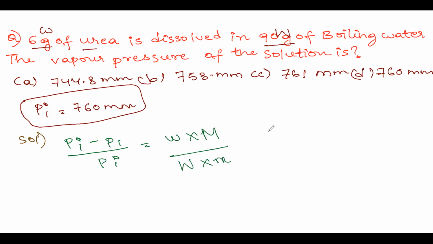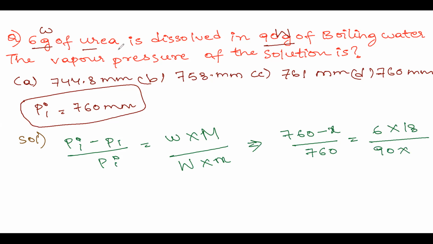Now substituting, P1 naught is 760, minus X, because we have to find P1 only, since they are asking the vapor pressure of the solution, is equal to 6 grams of urea into molecular weight of solvent 18, by weight of solvent 90 grams into molecular weight of solute urea, which is 60.